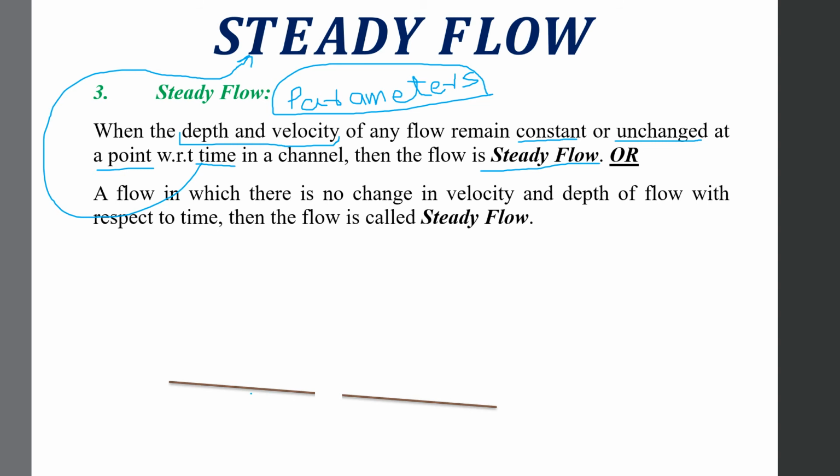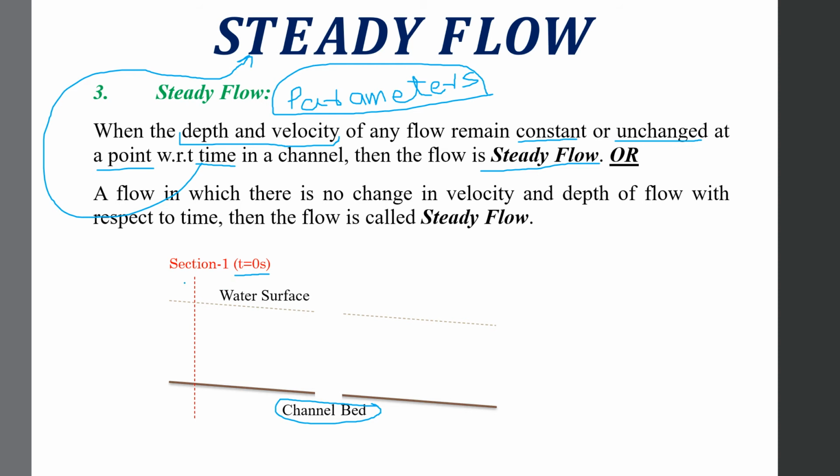Suppose we have divided a channel. Suppose when we are taking a channel, this is known as the bed of the channel. This is channel bed. This is water surface. Dashed line is showing the water surface. This is section 1 at time equal to 0 second.